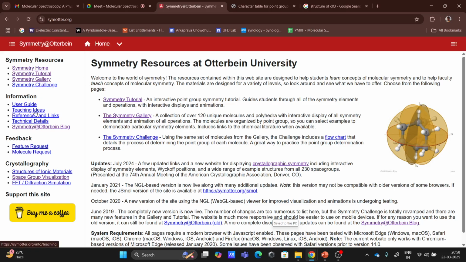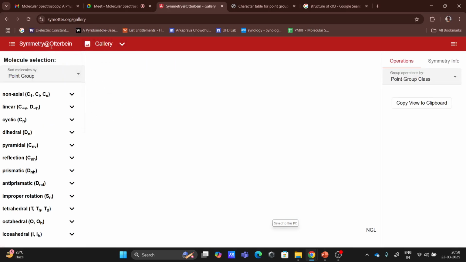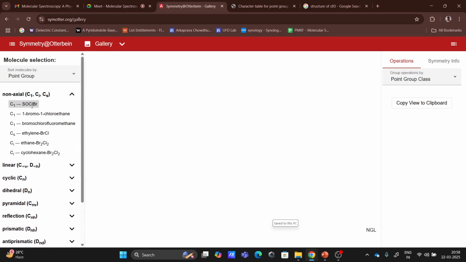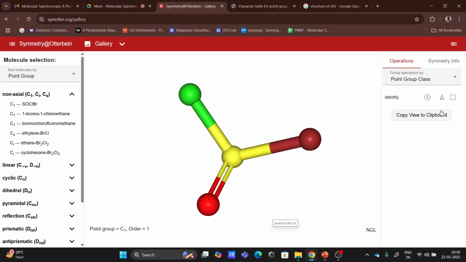You go to the tutorials, and look at the gallery. In the gallery, you have different molecules. Suppose you select C1, you can visualize the molecule. It has only the identity operation. When you select this, I think it will show you. I don't know why it's not.